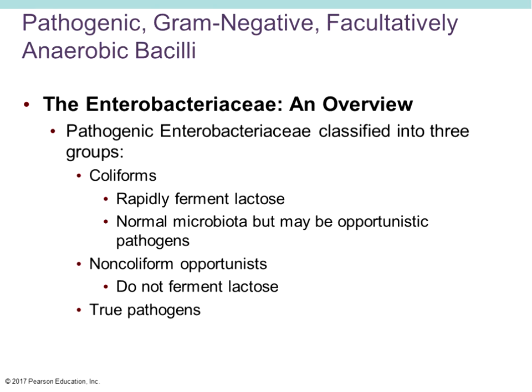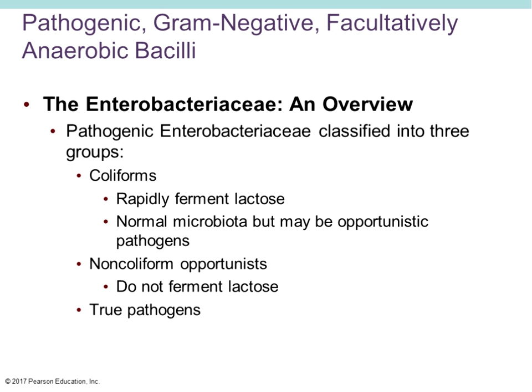So pathogenic Enterobacteriaceae are classified into three groups. They can be coliform, non-coliform, or true pathogens. Coliforms rapidly ferment lactose. They're part of your normal microbiota but can be opportunistic pathogens. A great example of that would be E. coli. Non-coliform opportunists do not ferment lactose, so if we put them on that MacConkey's agar plate, it's just going to give you a yellowish color.